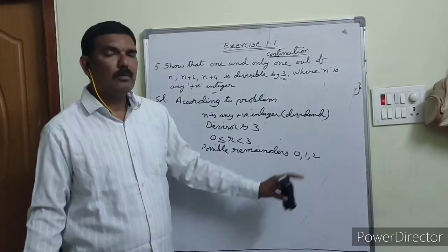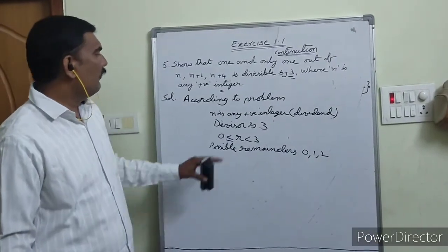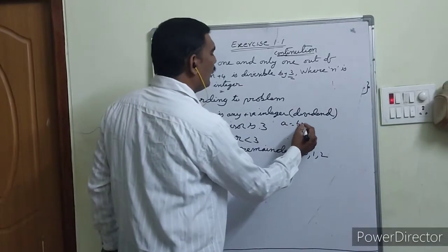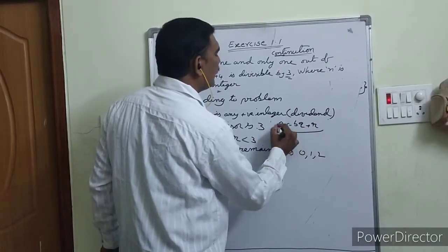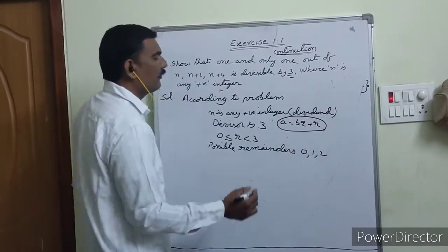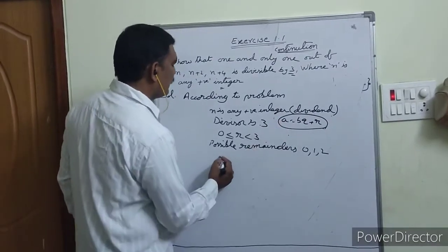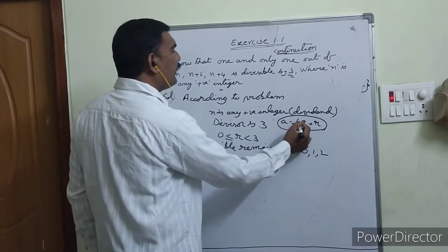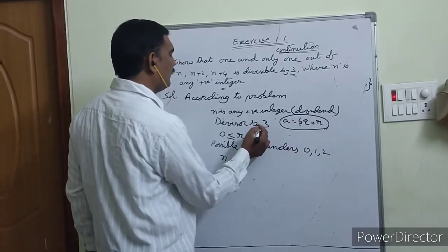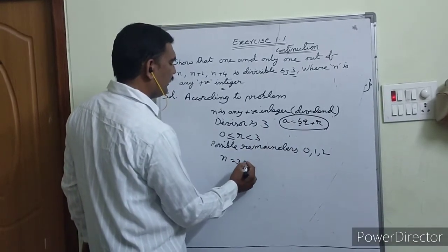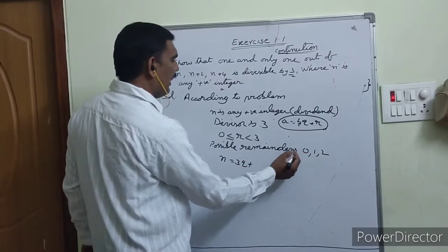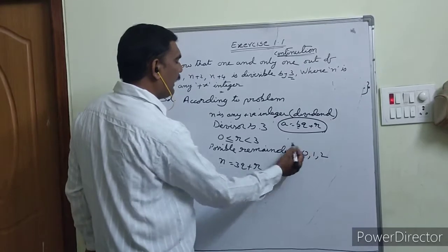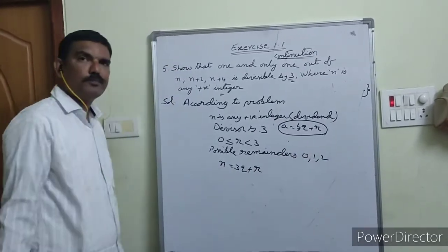These three are the possible remainders. Euclid's division lemma means a is equal to bq plus r, where a is the dividend. So in place of the dividend you write n is equal to bq, where b is the divisor, which is 3. So 3q plus r, where r can be 0, 1 or 2.